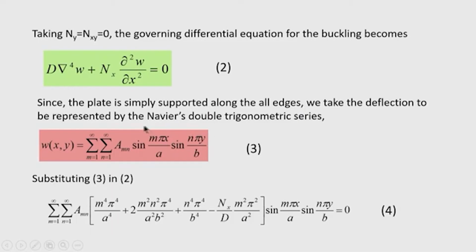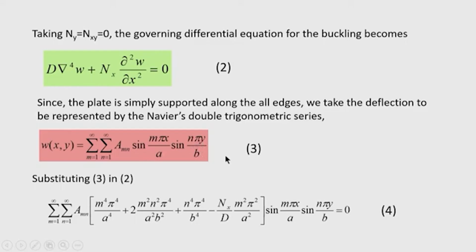So, let us see how it satisfies the boundary conditions in a simply supported plate. At x equal to 0, if the edge is simply supported, then w becomes 0. Again, if y equal to 0 edge is simply supported, then w is 0. Now, for the bending moment to be 0 at x equal to 0 or x equal to a, or y equal to 0 or y equal to b, we should take the second derivative of this equation with respect to x and also with respect to y.